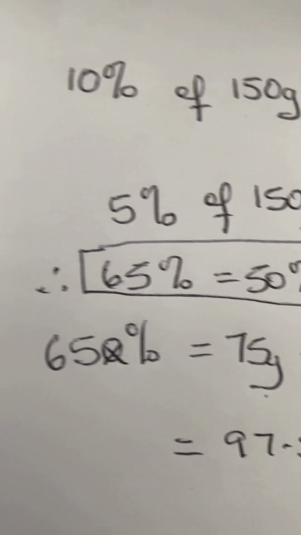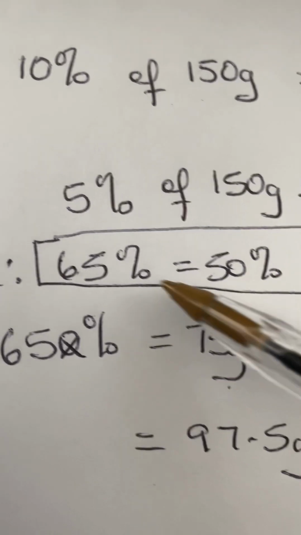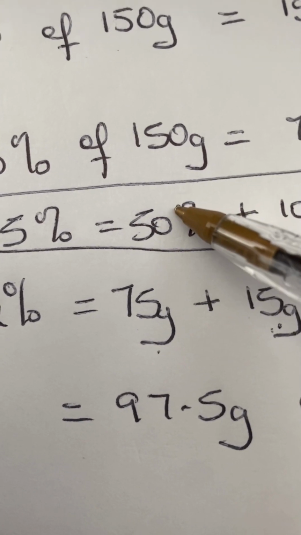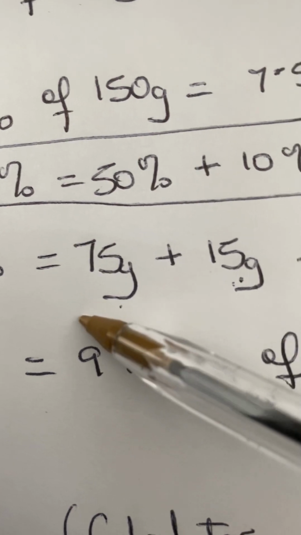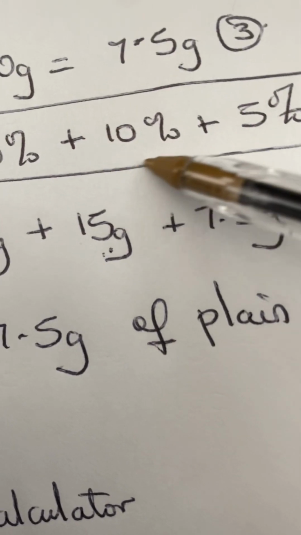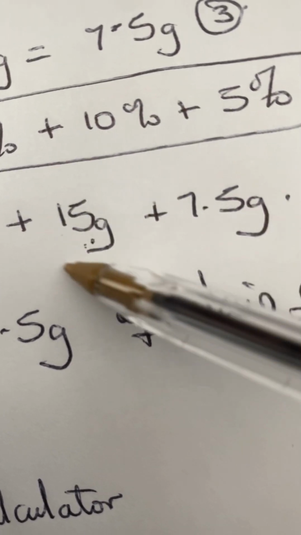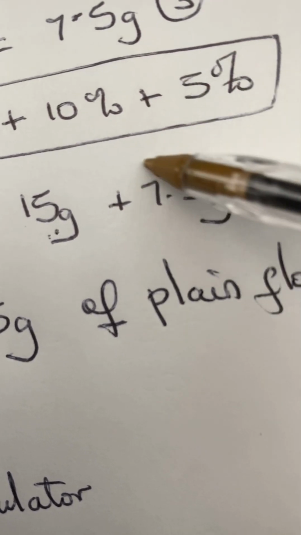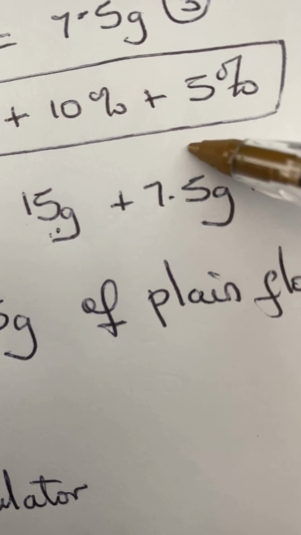So now we found the 50% figure, which is 75. We found the 10%, which is 15, and we found the 5%, which is 7.5.